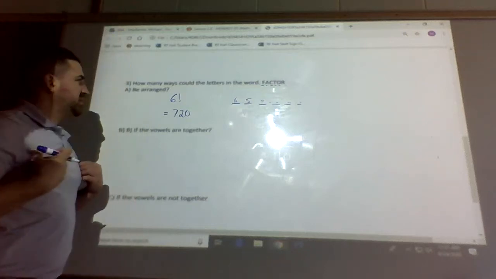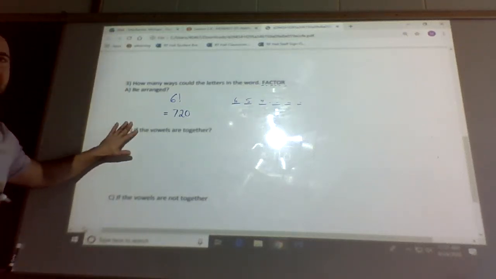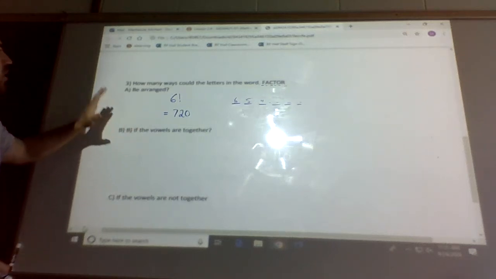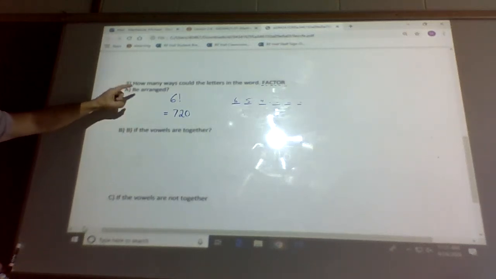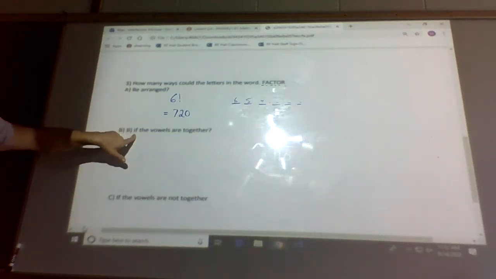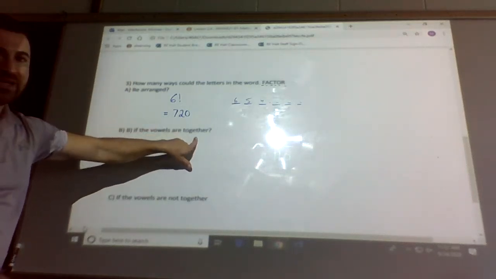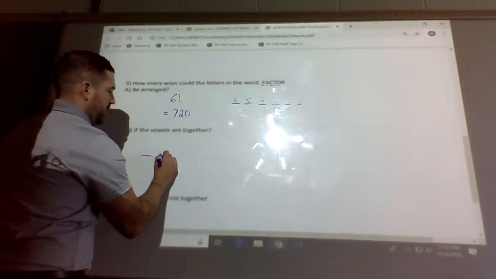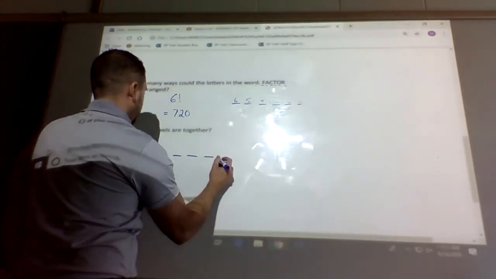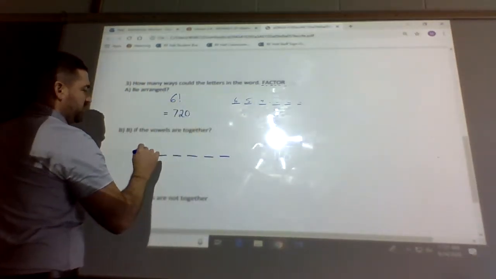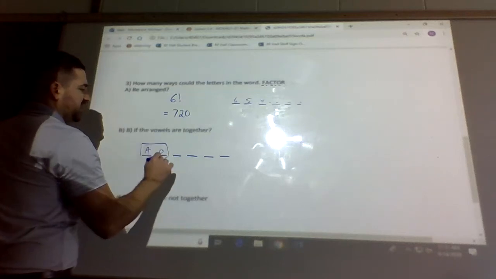Okay, and now we're into something very similar to the lesson that we just did with the people sitting in a row. Here it says, how many ways could the letters in the word factor be arranged if the vowels are to be together? If you remember in 2.3, the 2 vowels have to be together, so A and O have to be together.